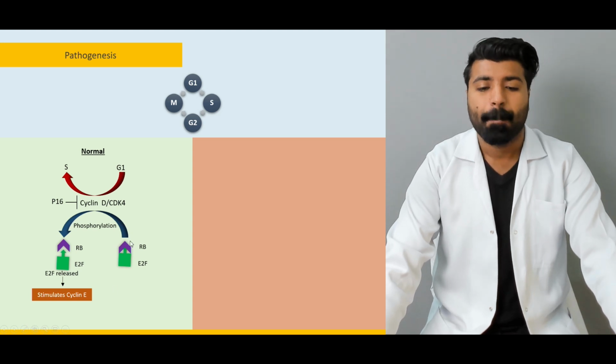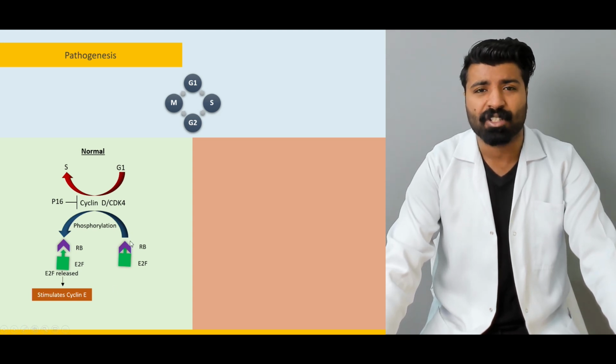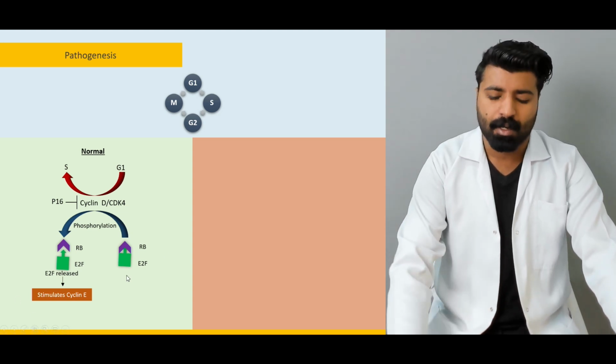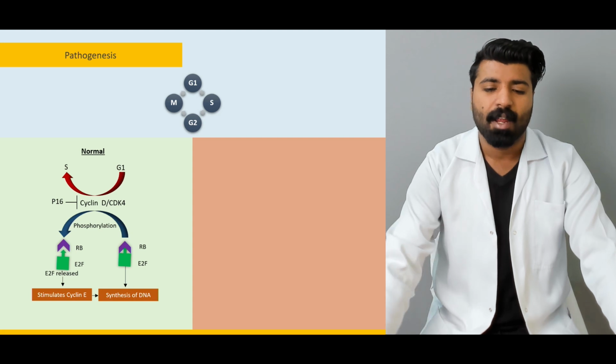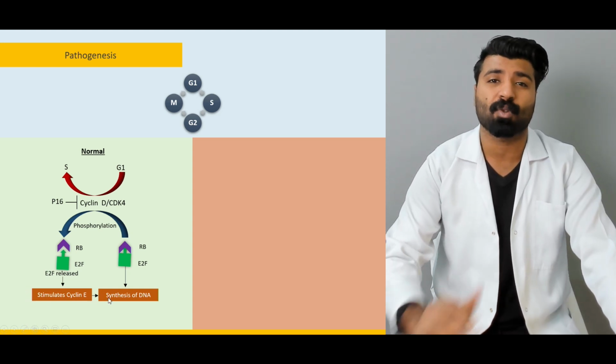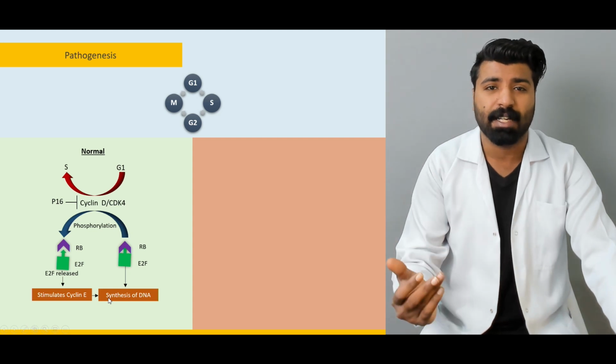On the other hand, before phosphorylation, retinoblastoma and E2F were in contact, they were together, and this is what was leading to the synthesis of DNA. But if E2F is released, stimulation of cyclin E will happen, and this also leads to the synthesis of DNA.